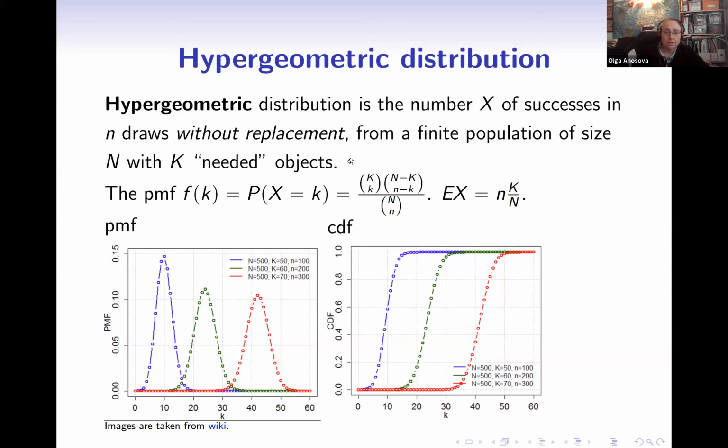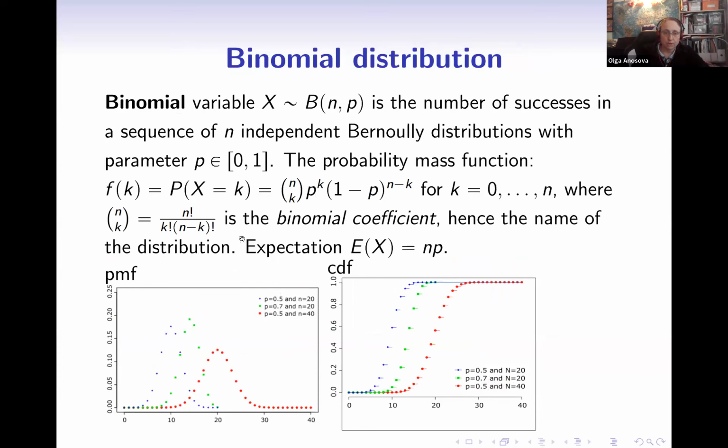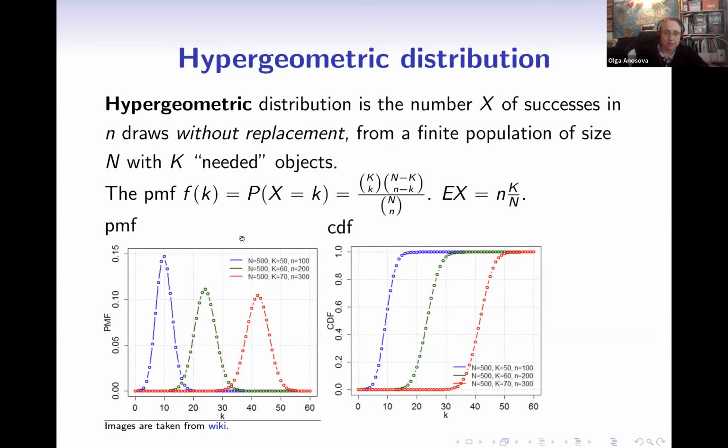And the probability mass function also has this form. And then the picture representation is quite similar, just a bit steeper if we compare them all together. So that's the binomial distribution, that's the hypergeometric distribution.